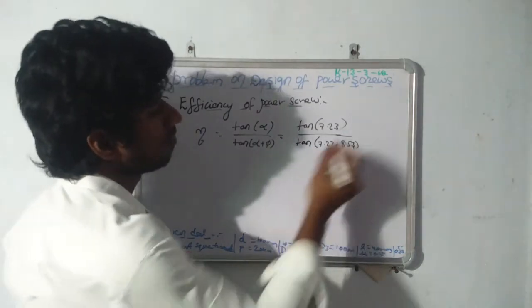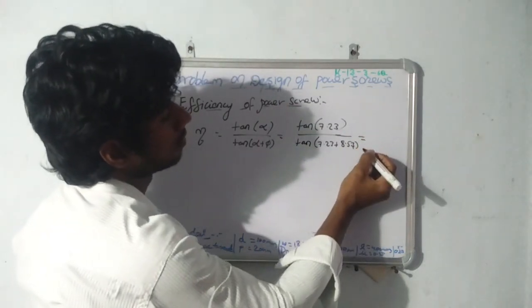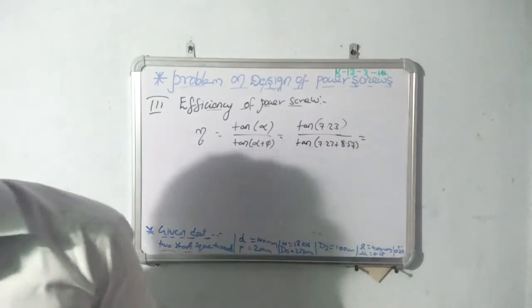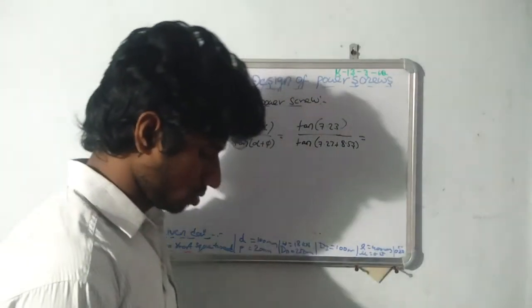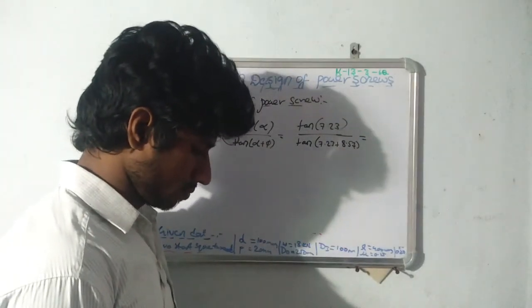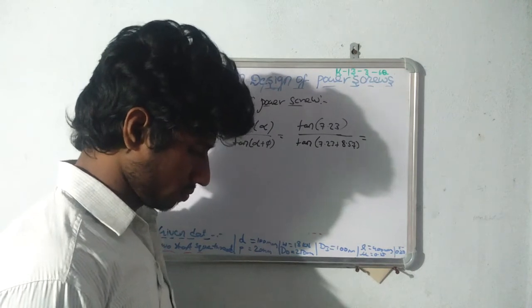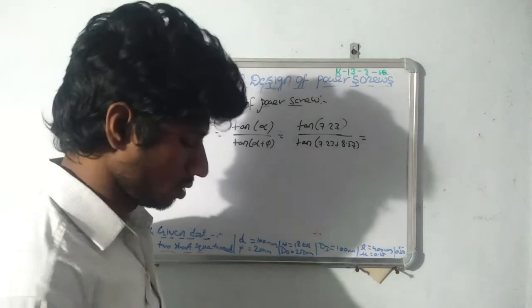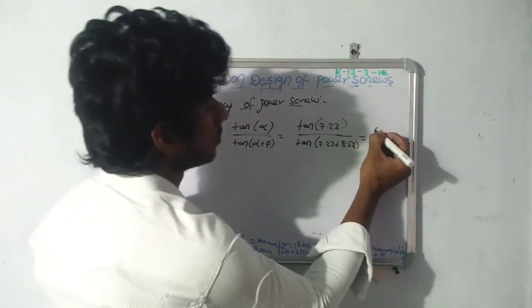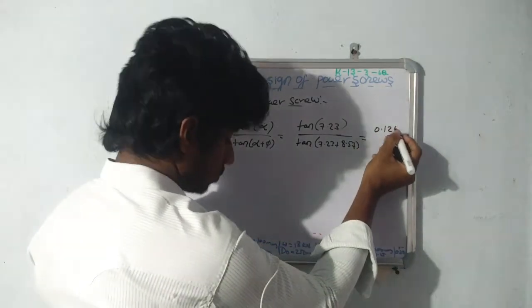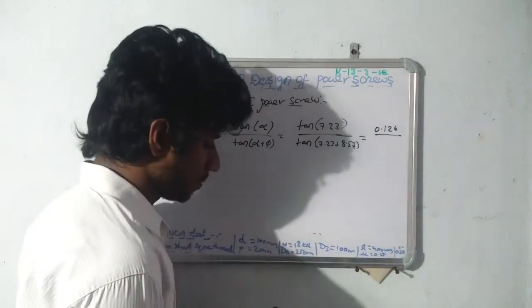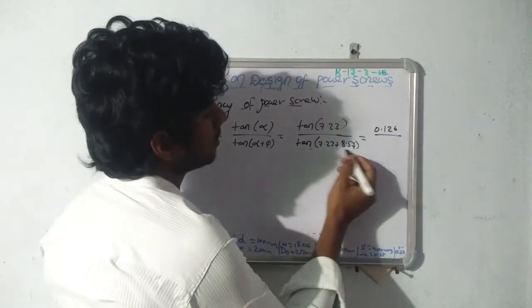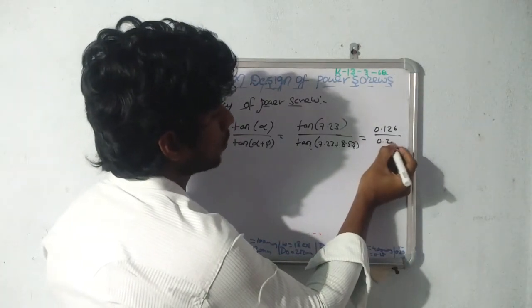Substituting and simplifying, tan 7.23 is 0.126 divided by 0.282, which we already simplified.